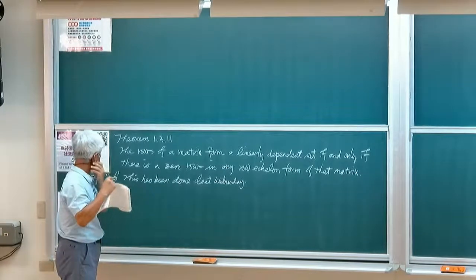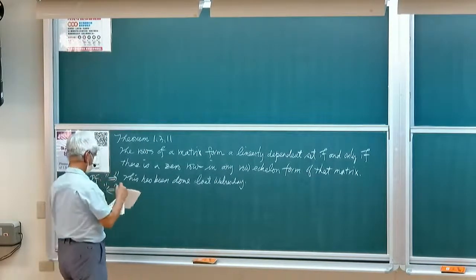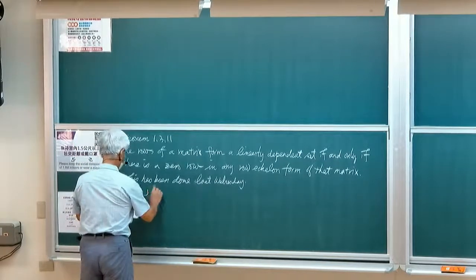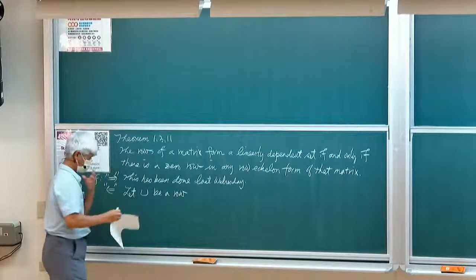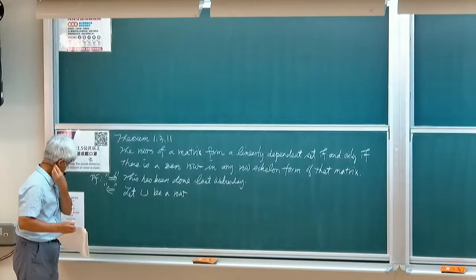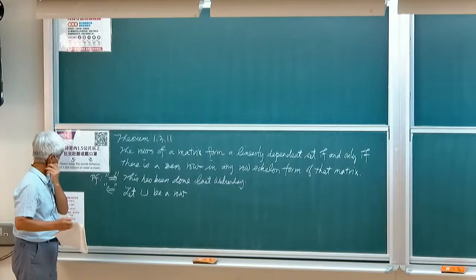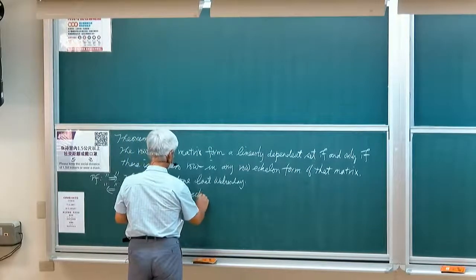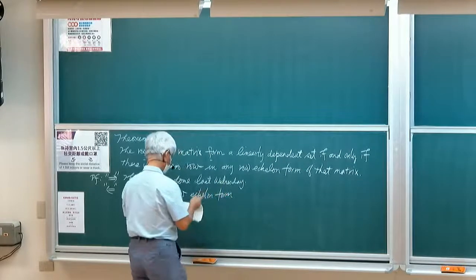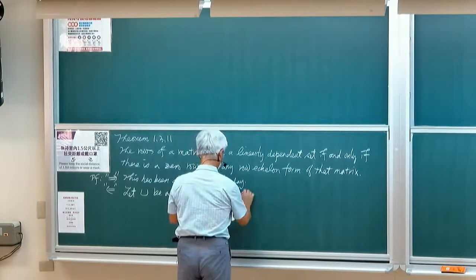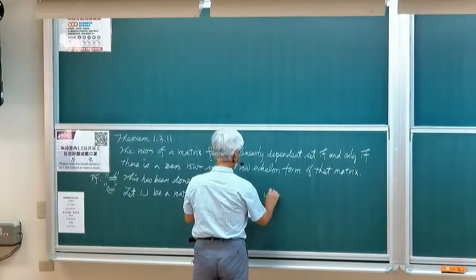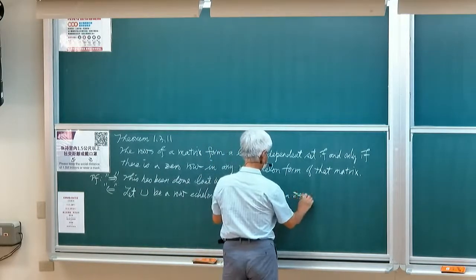Okay. So we let U be a row echelon form of A with a zero row.